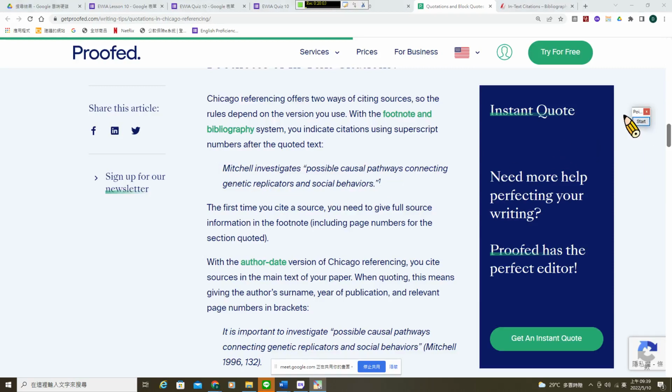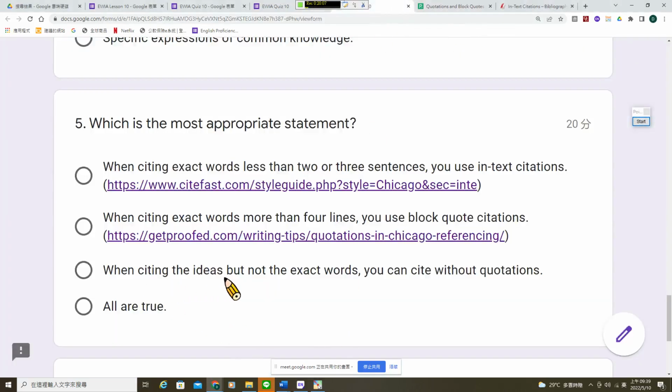Okay, and of course, there's another kind, when citing the ideas but not the exact words. The previous two, we are citing exact words.